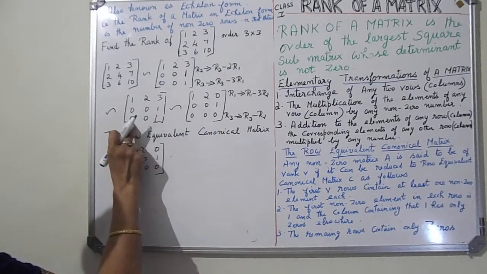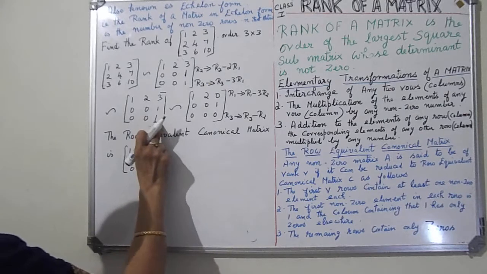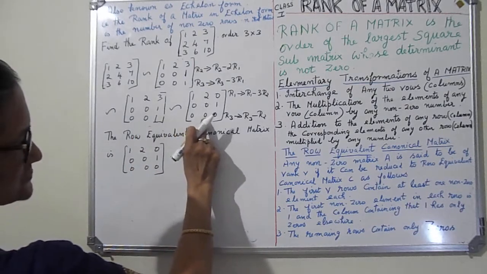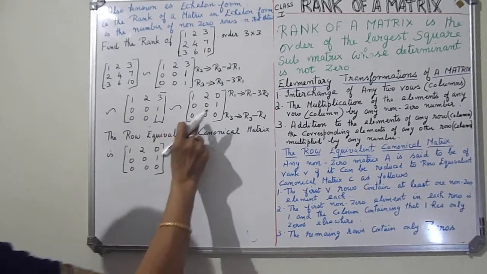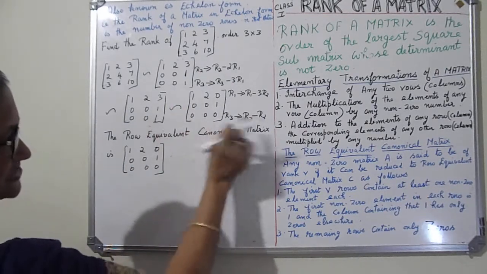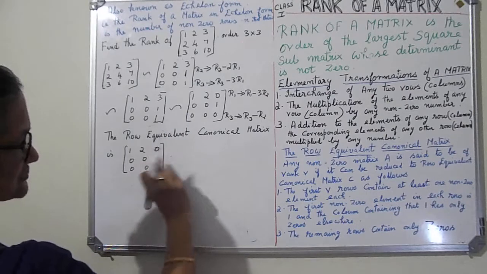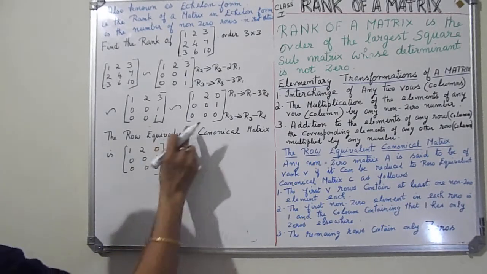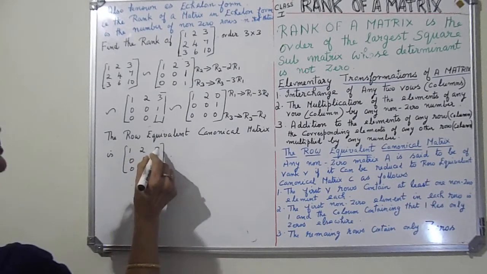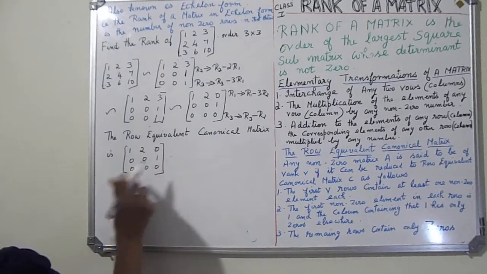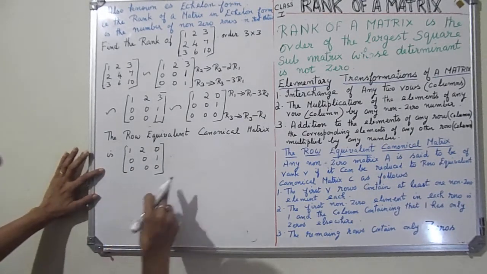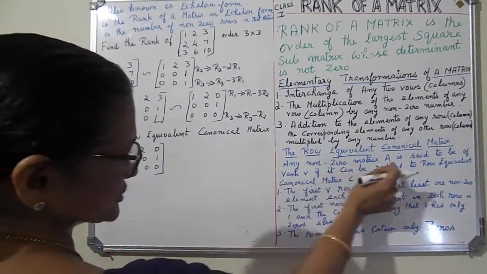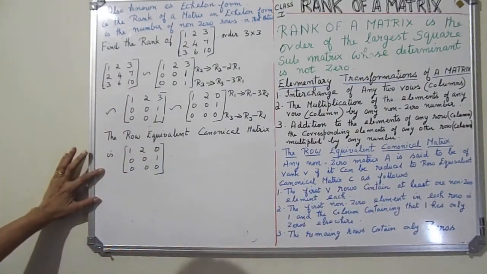Therefore, 0, 0, 1 is transformed as 0, 0, 0. Now see the matrix obtained. After performing the transformations on the rows, we get the matrix 1, 2, 0, 0, 0, 1, 0, 0, 0.